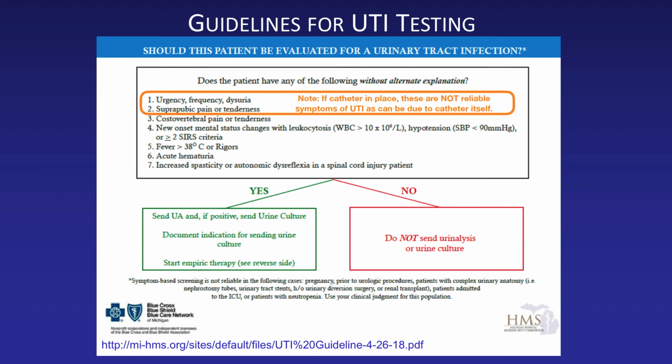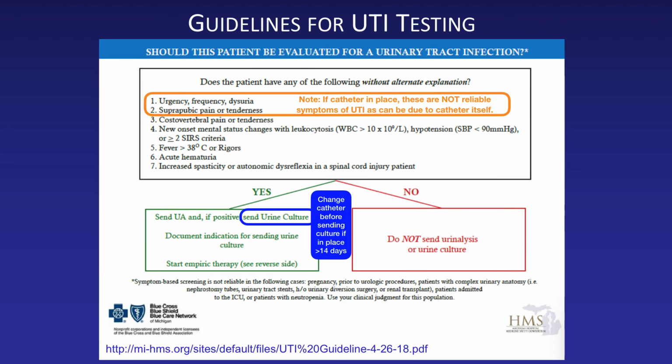And in many guidelines, including by the CDC, these are not considered qualifying symptoms for a urinary tract infection if that patient has a catheter in place, but could be considered as qualifying symptoms if that catheter has been removed and their symptoms are still there.